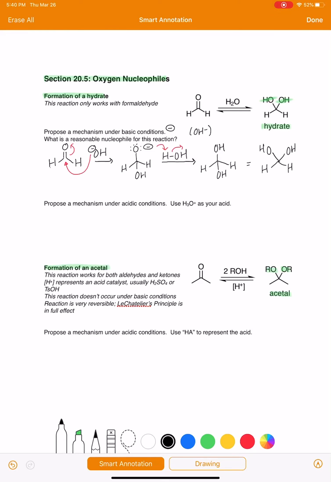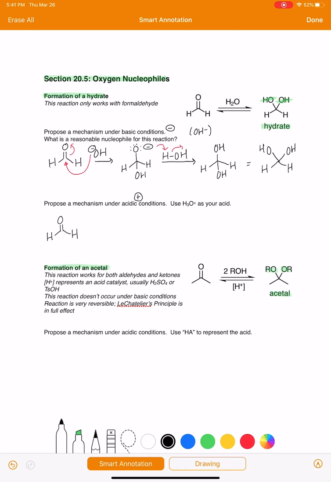That's pretty straightforward. Let's do the same reaction down here, but this time we're going to be doing the reaction under acidic conditions. So whenever we do a reaction under acidic conditions, that means that all of our reagents and all of our reactants need to be positively charged or neutral, but no negatively charged things at all.